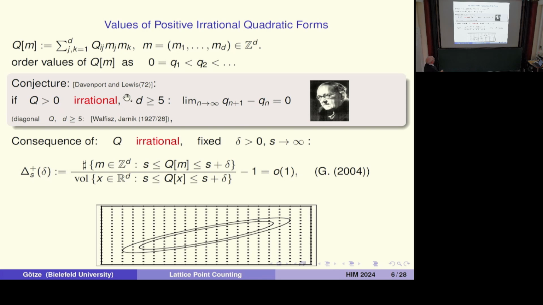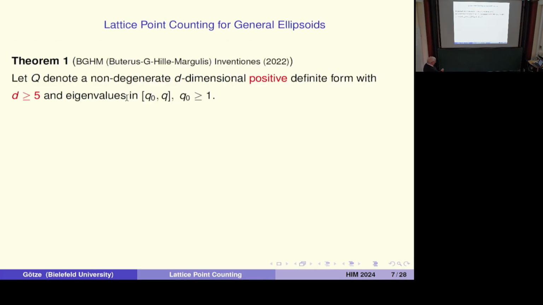Okay, now this result has an extension, namely a result which generalizes the regions, not only ellipsoids, but certain types of truncated hyperbolas. And this is joint work with Grisha Margulis and 2 graduate students of ours.